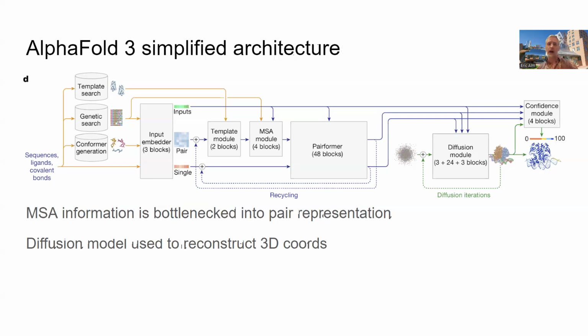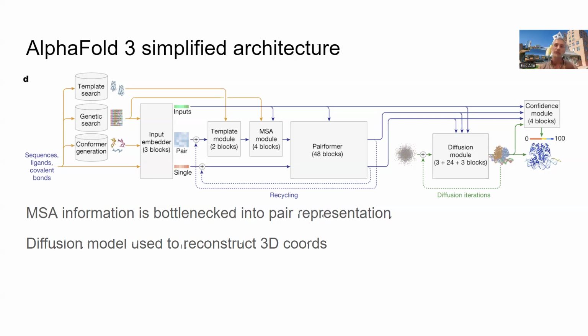And the other thing that's notable is, in AlphaFold 1, they used energy functions to predict the final protein structure. In AlphaFold 2, they had a neural net. And in AlphaFold 3, they have a diffusion model. And we'll talk very briefly about other diffusion models today. But it's really emerging as one of the more powerful tools in generative AI.